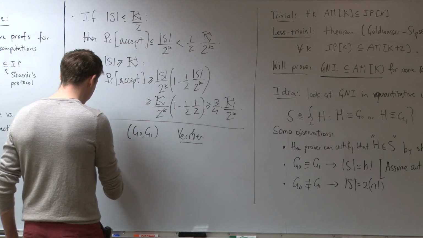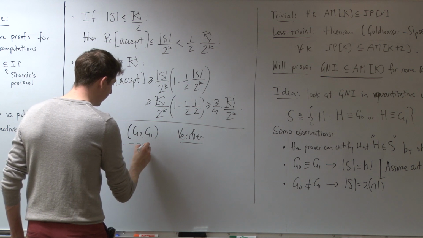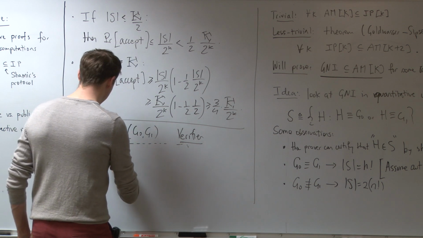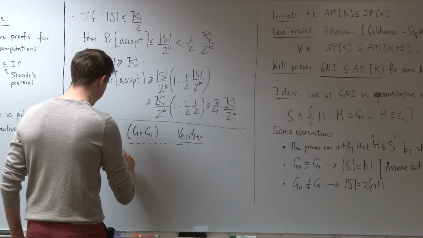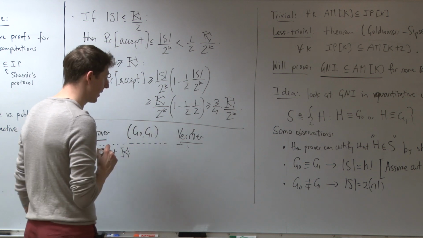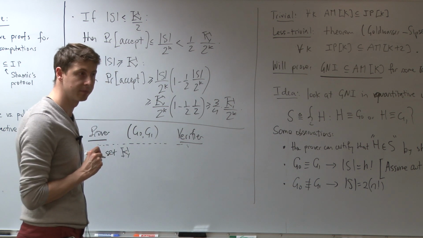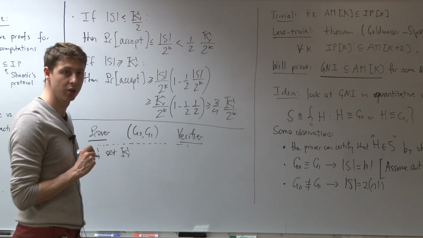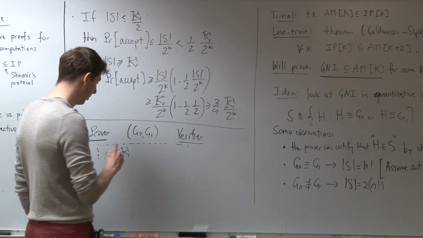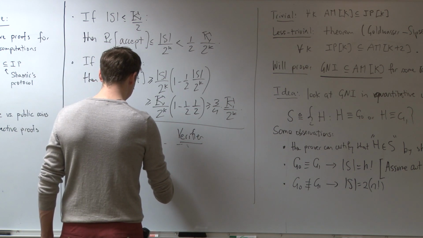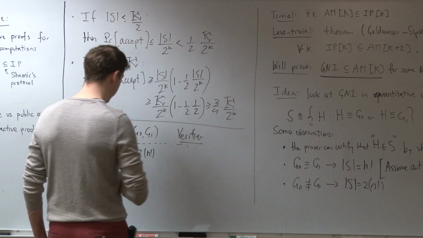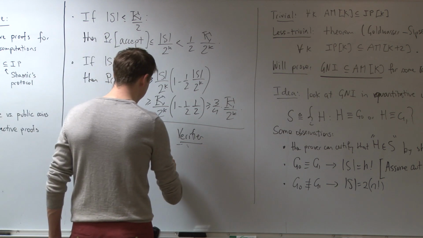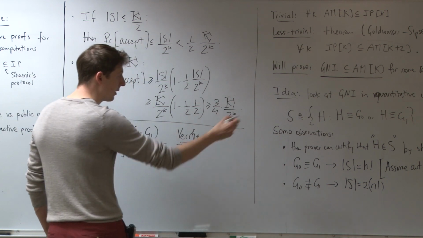So first, each of them in their mind are going to do the same computation. They're going to set capital K to be the target size. What's the target size? 2n factorial, right? Okay. And then they're going to set S to be that thing over there, right?